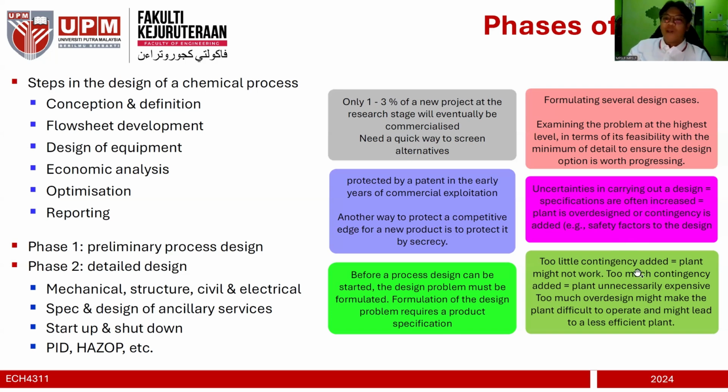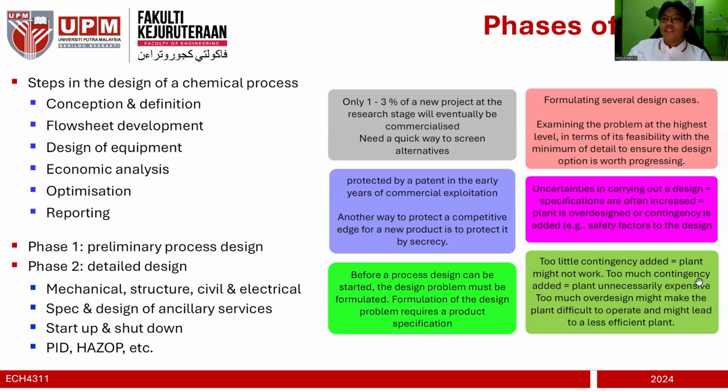But you need to remember that when you have too little contingency, then the plant might not work. For example, maybe in some situation you don't have a backup hydrogen gas, or maybe you don't have any process to separate hydrogen, so the plant does not work. But during your design phase, you probably overlooked this.